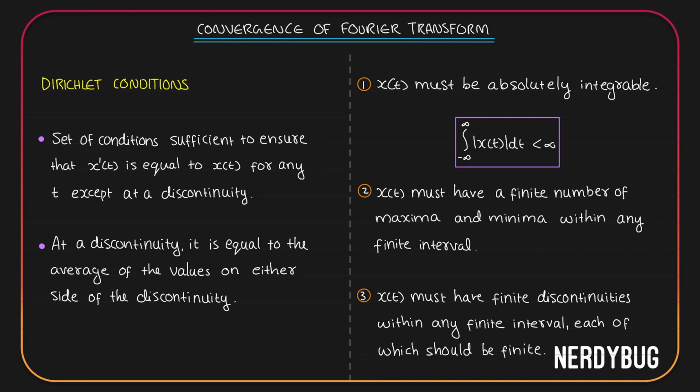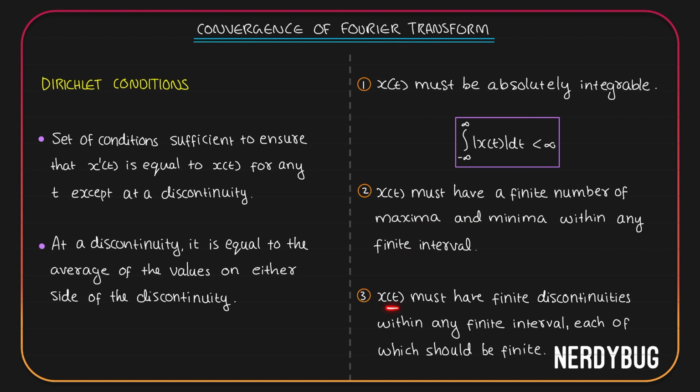There are three Dirichlet conditions. First one is x of t must be absolutely integrable. That is, when you integrate from minus infinity to infinity the magnitude of x of t, you should get a finite value, not infinite. Then the Fourier transform will converge. The second condition is x of t must have a finite number of maxima and minima within any finite interval.